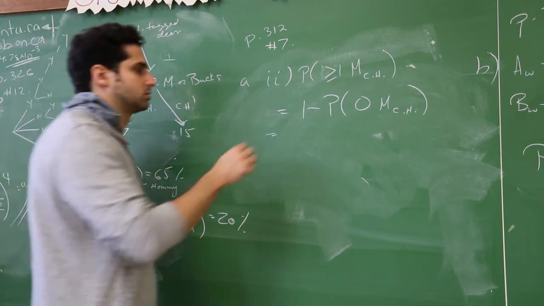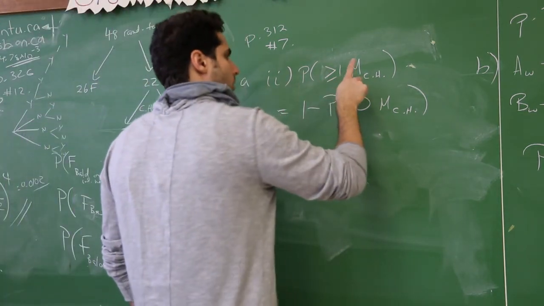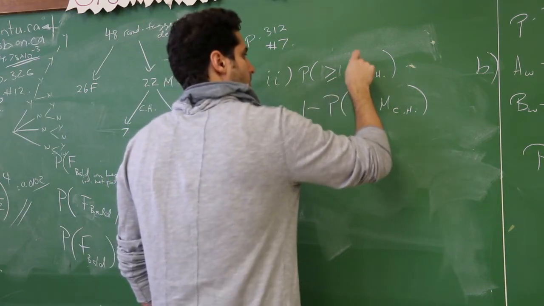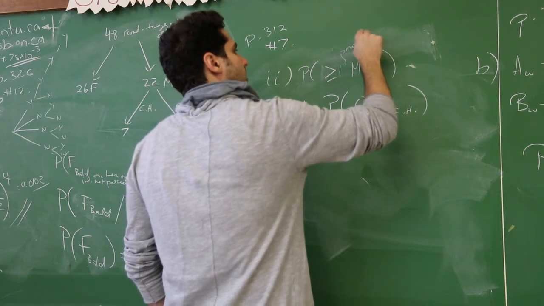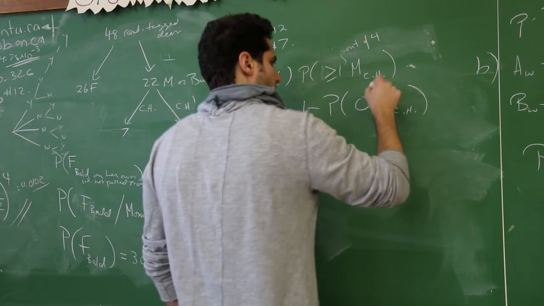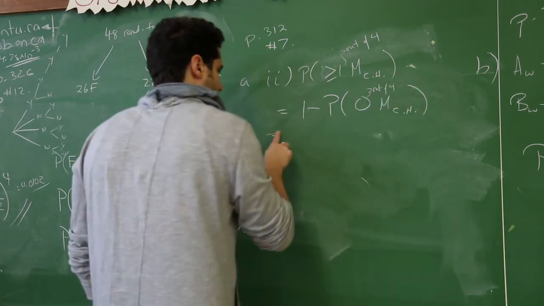Oh, okay. So before we did 4 and a. So, at least one, 1 out of 4, and then probability 0 out of 4, right?